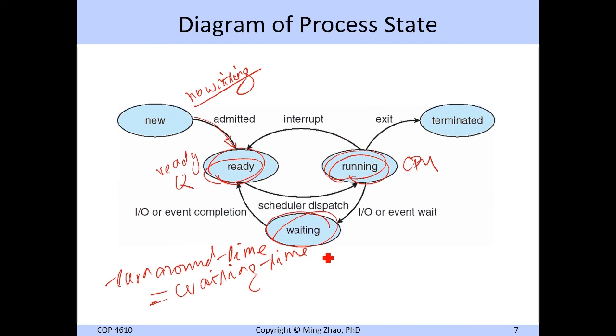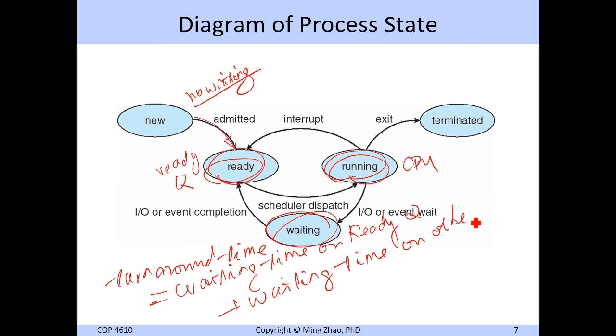So this will be the waiting time on the ready queue, plus the waiting time on all the other queues, and then plus the running time on the processor.